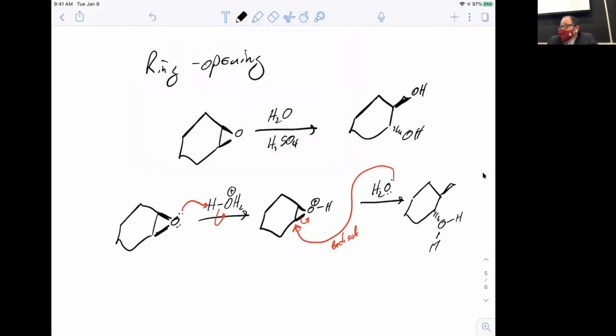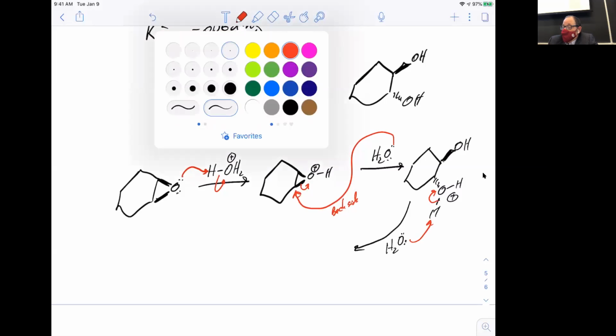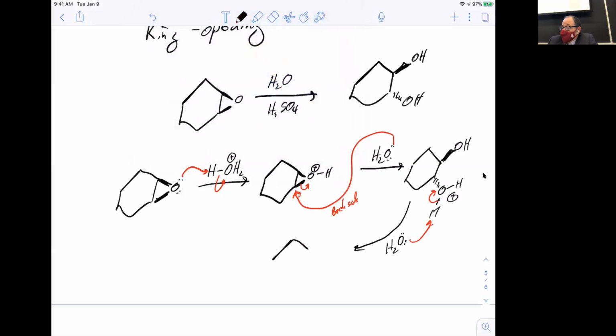That puts the water down, the OH up, and that results in the dihydroxyl anti-addition.